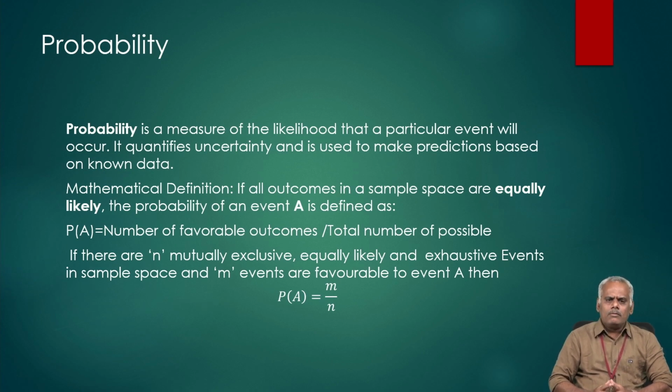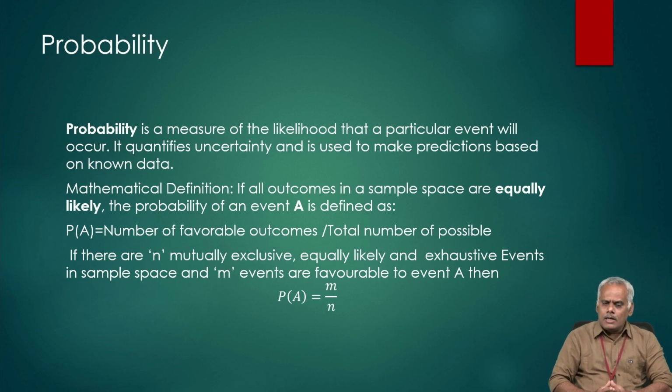The probability of an event A is defined as the number of favorable outcomes to event A by the total number of possible outcomes, and it is denoted by P(A), that is probability of event A. So, if there are n mutually exclusive equally likely events in a sample space and m events are favorable to event A, then probability of A is m upon n or m/n.